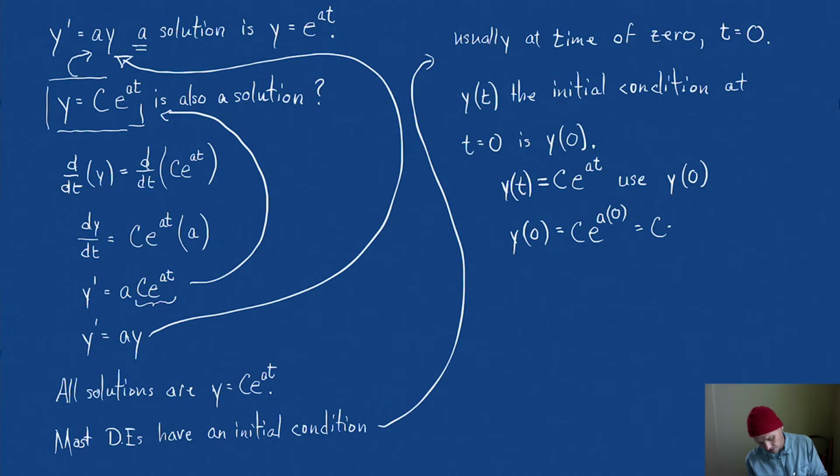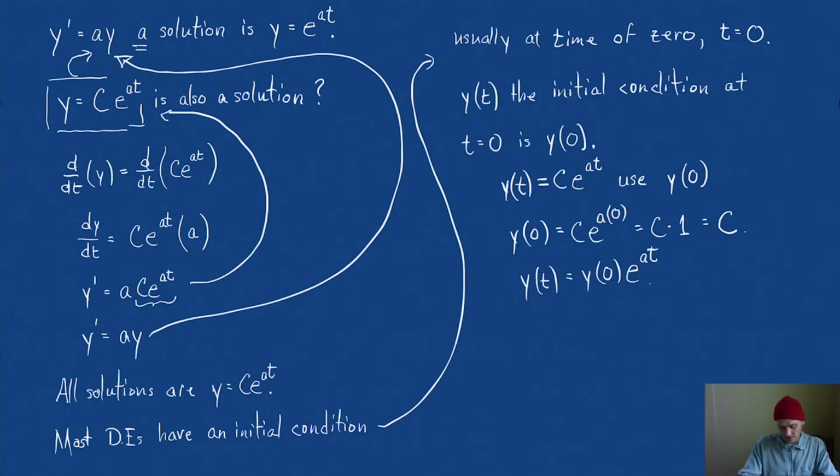Well, e to the 0, that's just 1. So in other words, y of 0 is c. So another way of writing your differential equation is y of t equals the initial condition, y of 0, e to the a t. And that is how we use our initial condition.